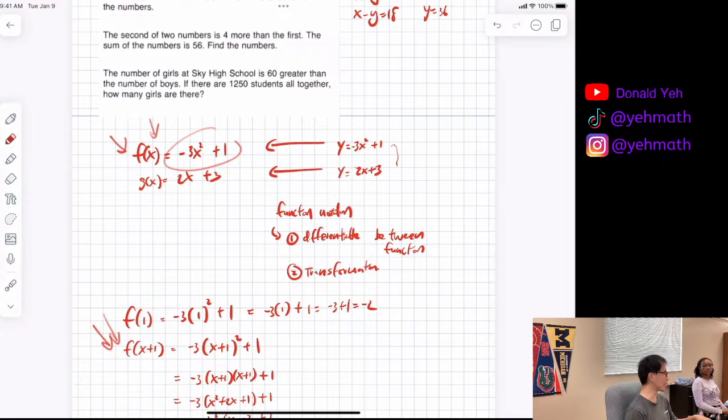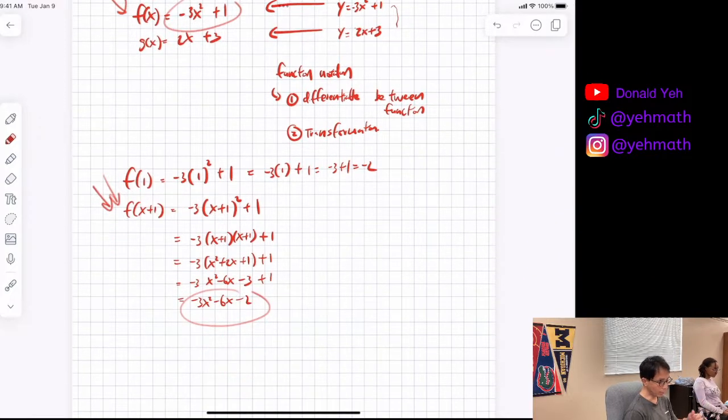Plus 1, you'd think intuitively is going right, but it's actually going left. So the function's going left 1 unit. Is that understandable? Okay. So if I say x plus 1, just replace the x with whatever is inside the parentheses, and always put parentheses around it so you don't make a mistake. Good? Okay.